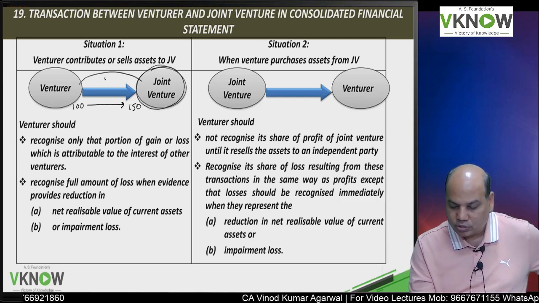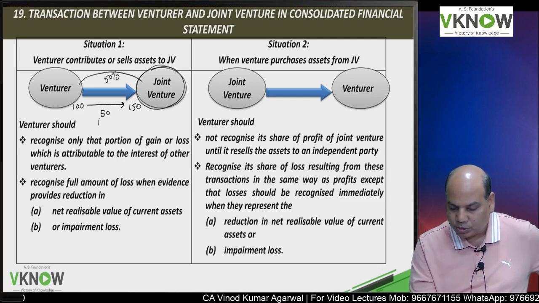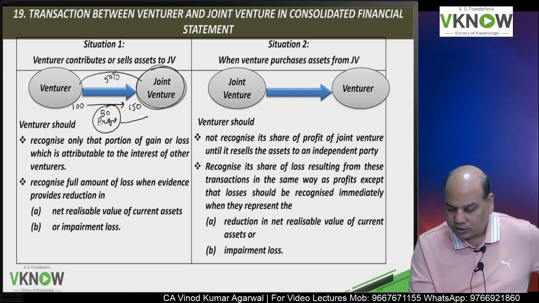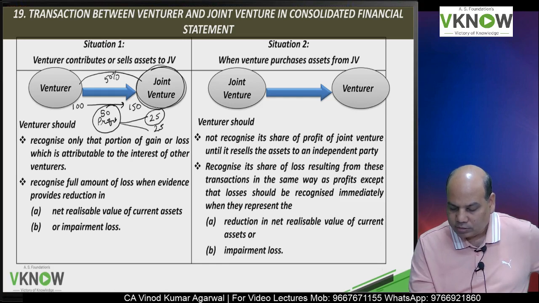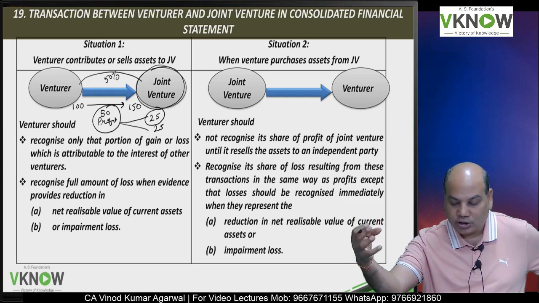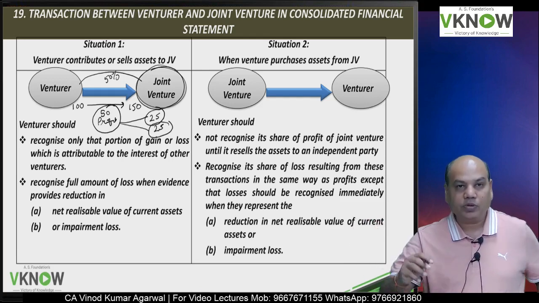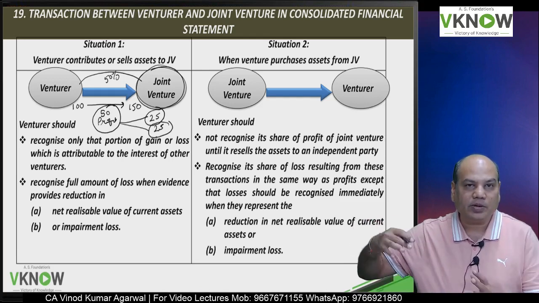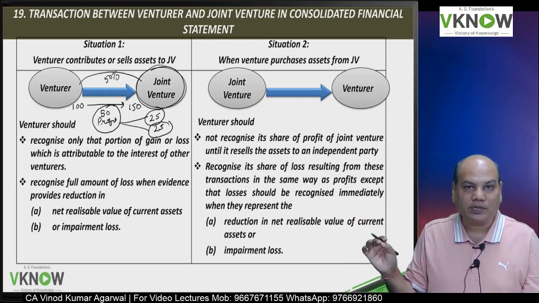Let us say you are holding 50%. So out of the 50 rupees profit earned by the venturer, this profit is actually made by transacting with yourself, because you are a 50% owner in that joint venture, and 25 rupees profit is made by transacting with the other venturer.